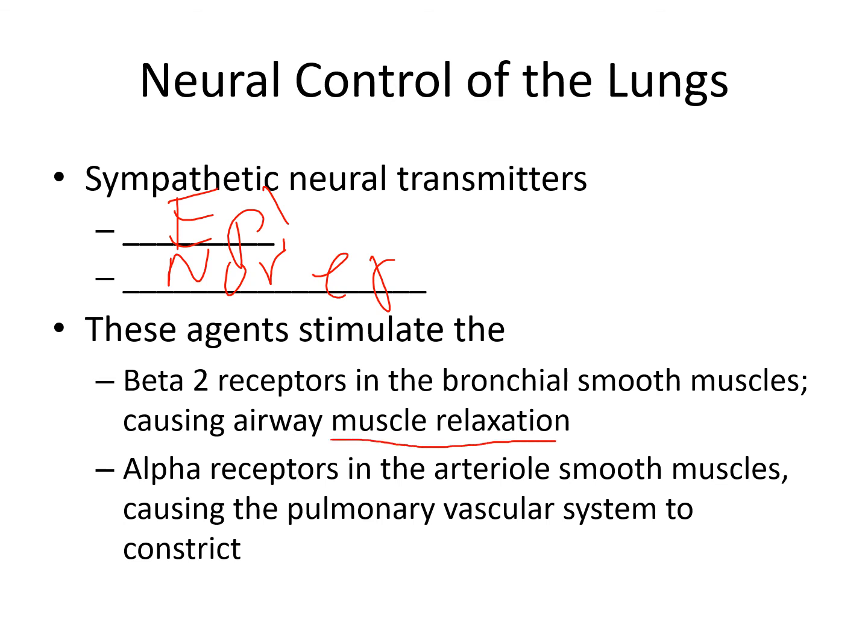Same thing. So it lets the bronchial smooth muscles become larger, and so that way you can get more gas into and out of your lungs, so you can run faster, jump higher, do all that good stuff. You also have alpha receptors in the arterial smooth muscles that cause pulmonary vascular system to constrict. That's good because it'll actually force blood flow through there, which helps you exchange some gas.